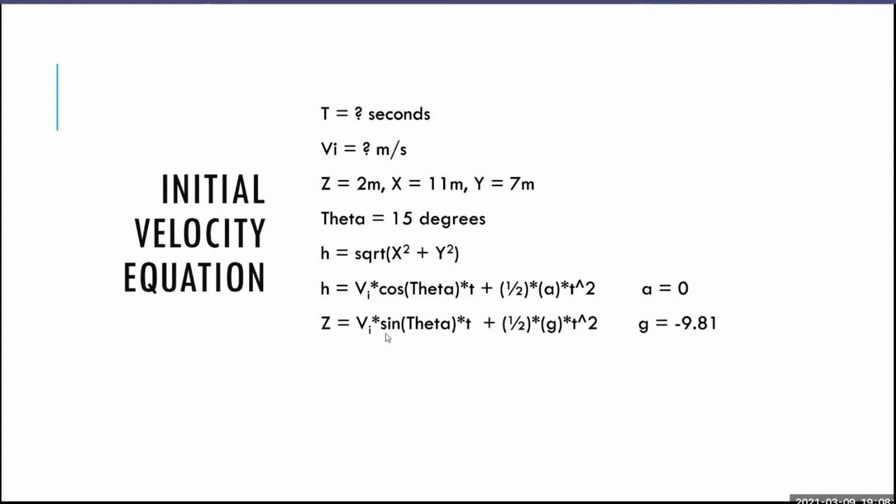And we have the equation with displacement, initial velocity times time, plus 1/2 acceleration times time squared for both the x-axis and the z-axis. And we have acceleration in the h-axis is 0, and in the z-axis is gravity, which is negative 9.81.